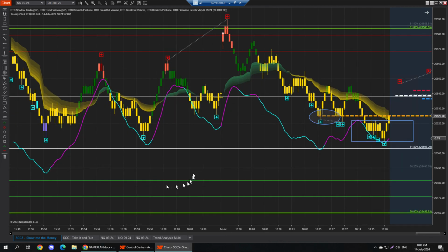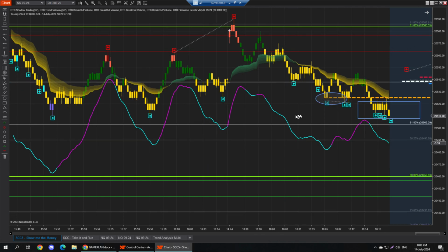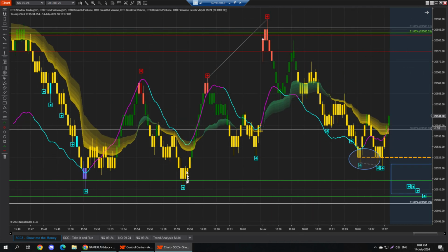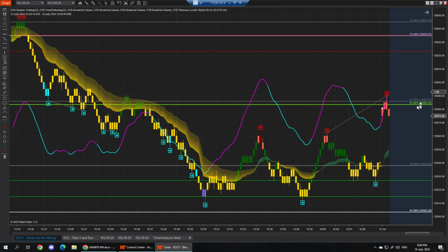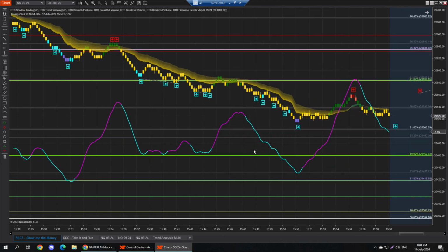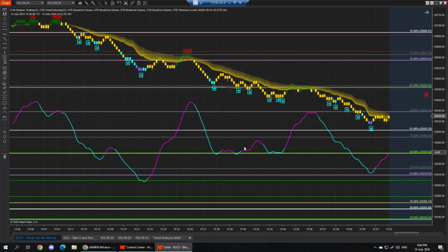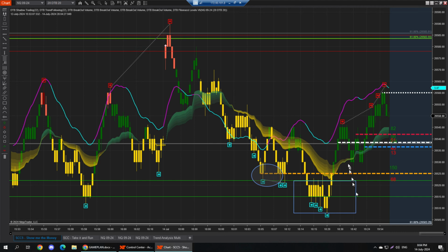If we go back even further, you'll see over here, we had multiple price reversals around the 61.8. So you can keep going back, and then we've obviously had the other 61.8, which is the 4-hour one. So it's amazing how the price actually goes and reacts around these levels. And it plays out all the time. So that is a powerful thing to look out for.